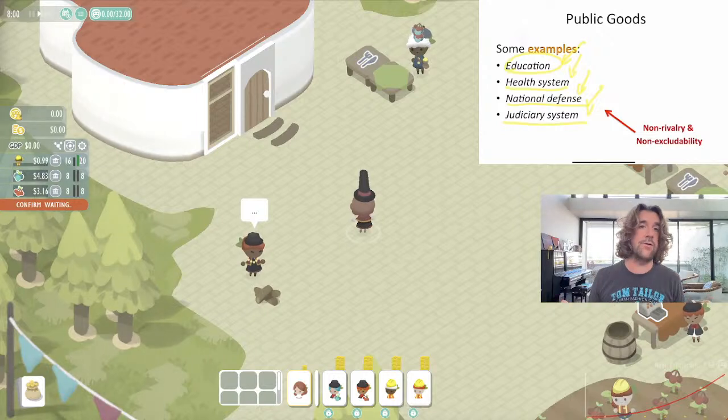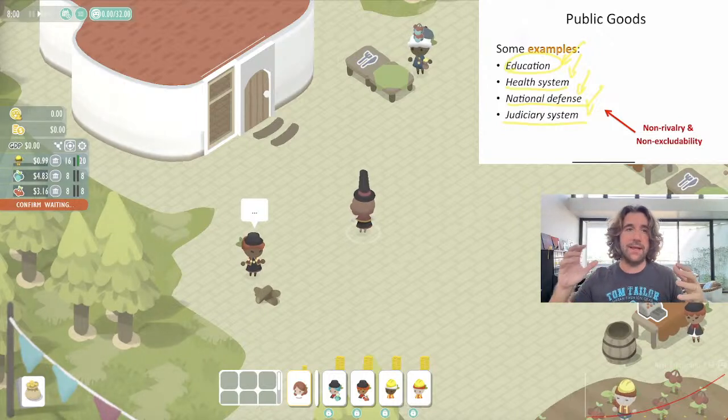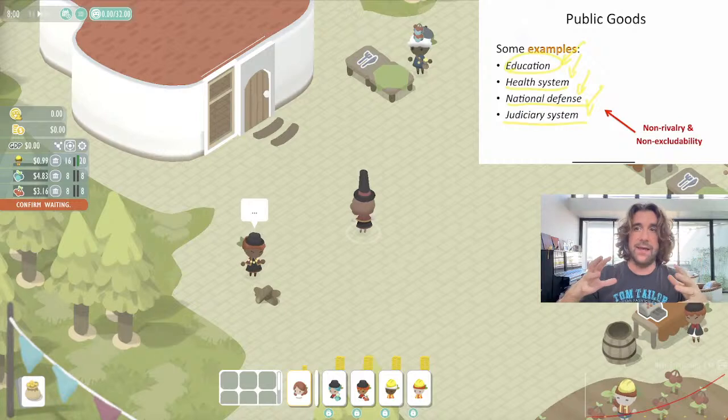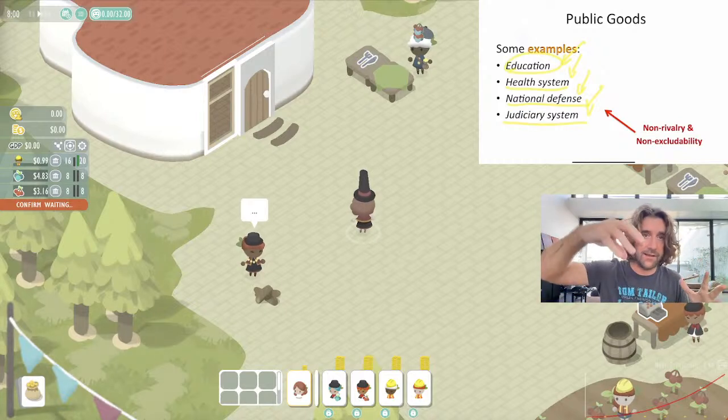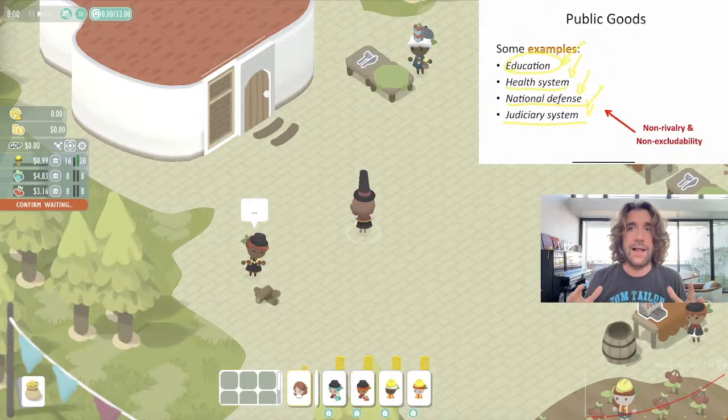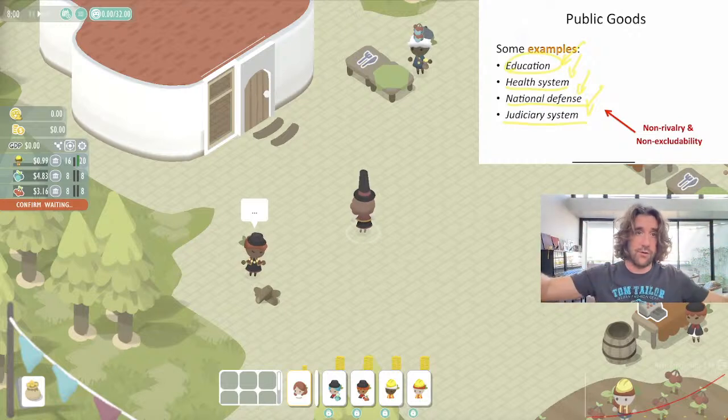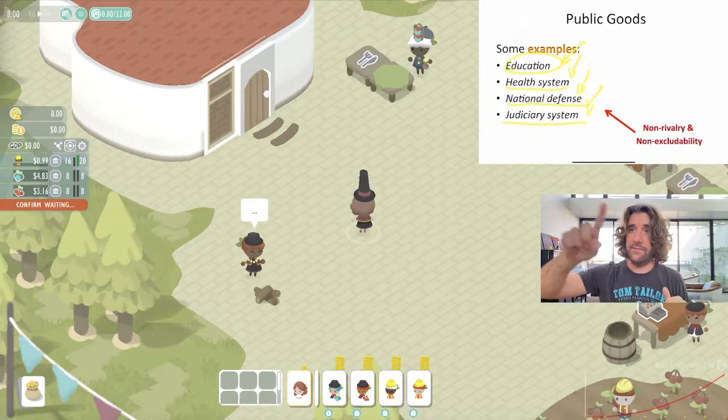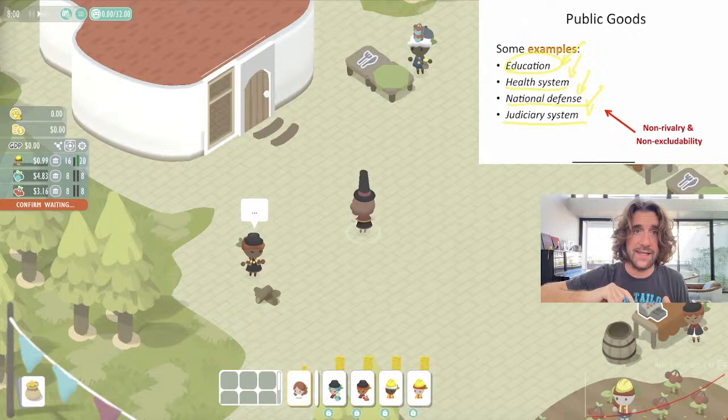Well, it's non-excludable because if the military is protecting me from a missile coming from abroad, say, that protection is afforded to the whole country. It's not possible to say, I'm gonna defend you, Alberto, but not this other person living in Sydney.